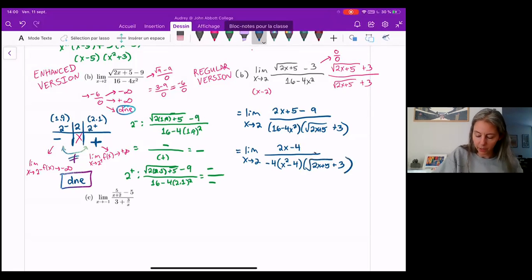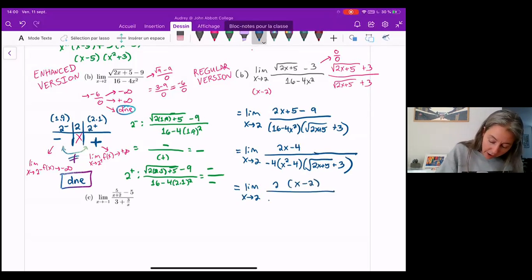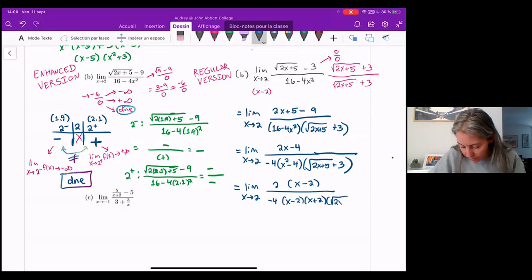So now I'm trying to find that x minus 2, so I'm going to finish my factoring, the limit as x approaches 2. I factor out a 2 on top to get x minus 2. I already factored out that negative 4 on the bottom. This is now a difference of squares, so that's x minus 2 times x plus 2 times root 2x plus 5 plus 3.